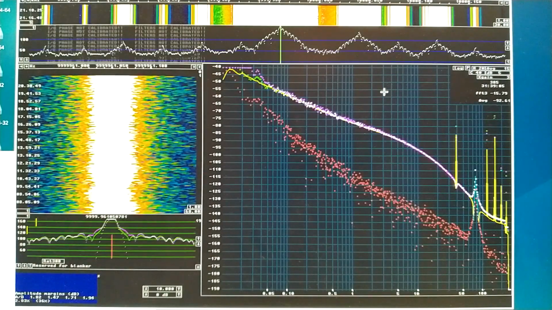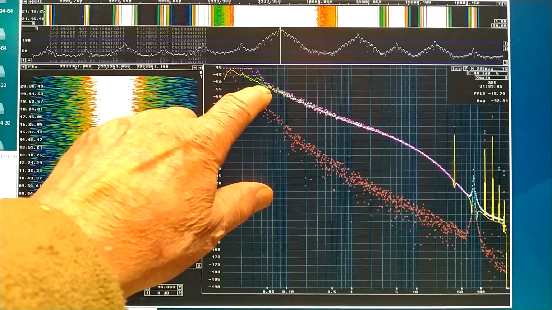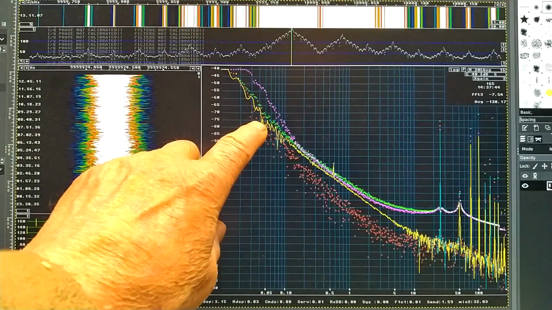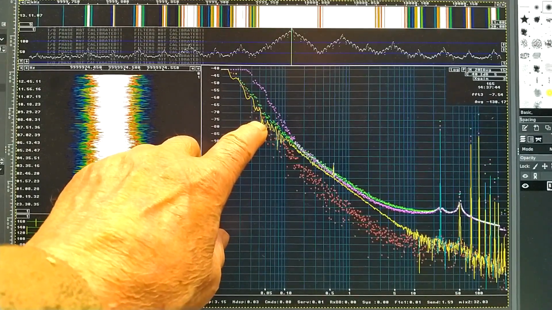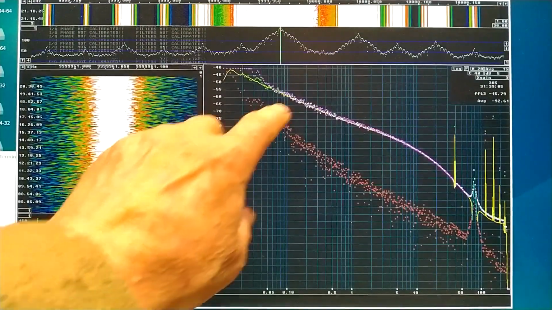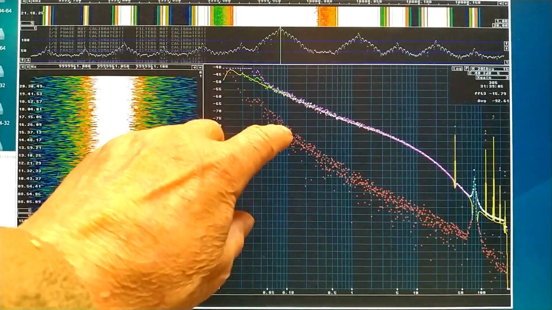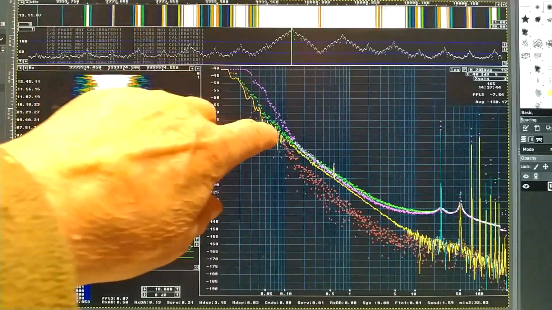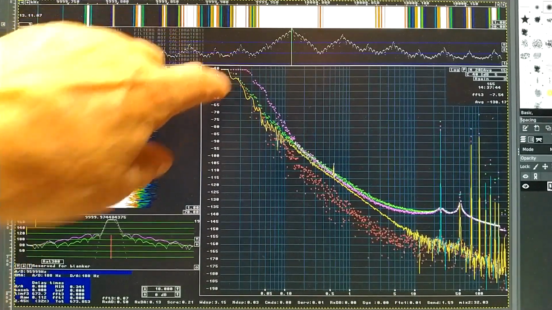Here I have connected a rubidium stabilized oscillator instead of my crystal oscillator, and I can compare them. You can see here there is a big difference at 0.05 Hertz, but the slope is very different. It goes like this, and the other one goes like that, or like, and even steeper.